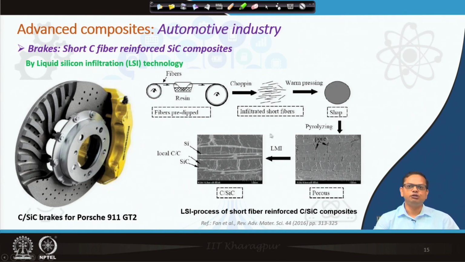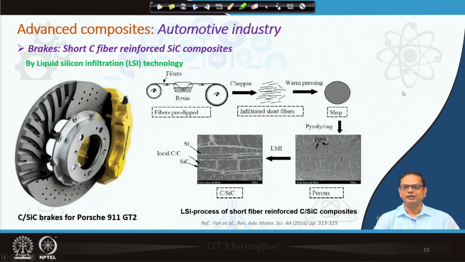Those porosities will now be filled by silicon by this LMI process, the liquid metal infiltration process. Silicon at that temperature reacts with carbon and forms silicon carbide. So, ultimately you have a silicon carbide structure, and inside that you have carbon fibers and some carbonaceous material as well. It will be a very tough, extremely wear resistant material.